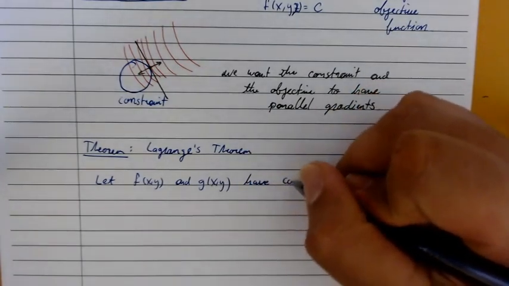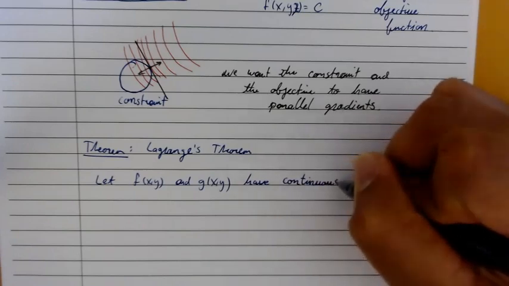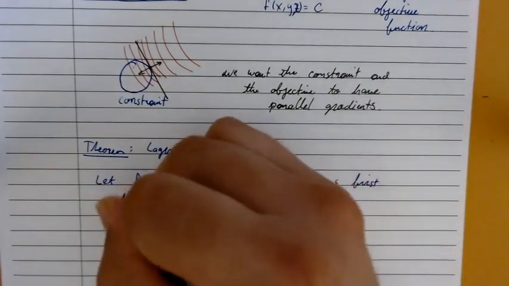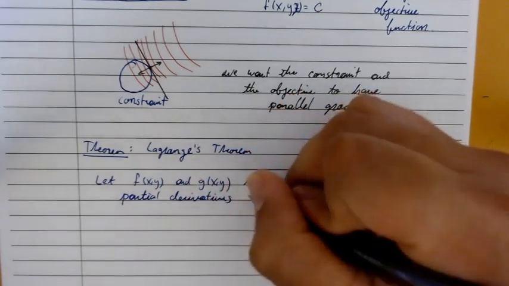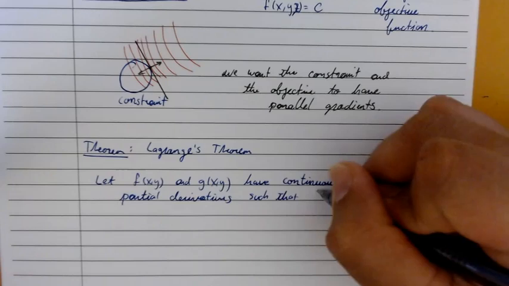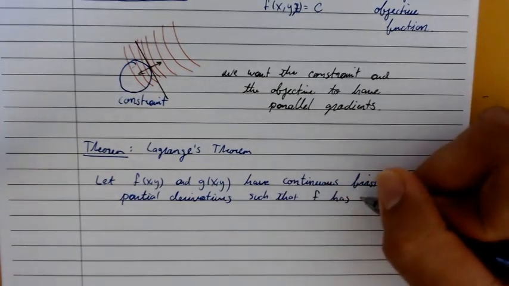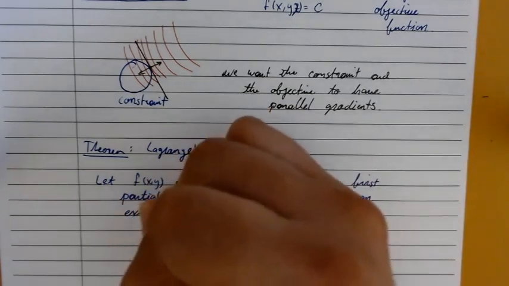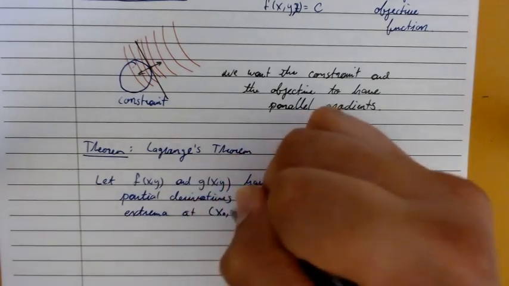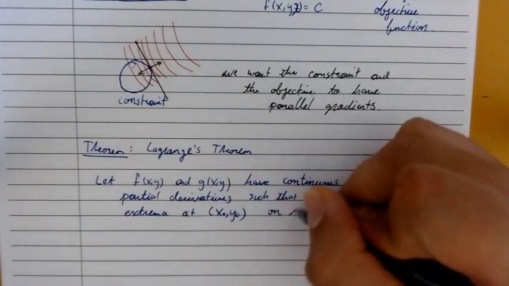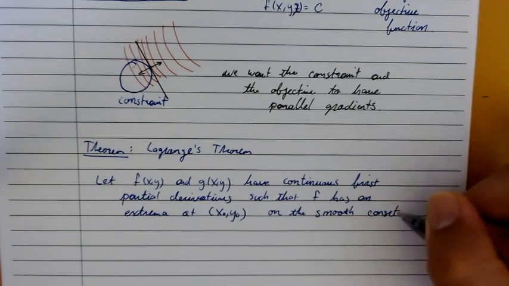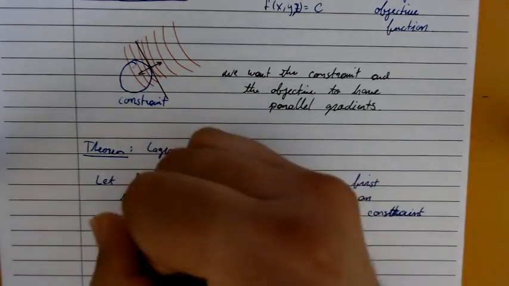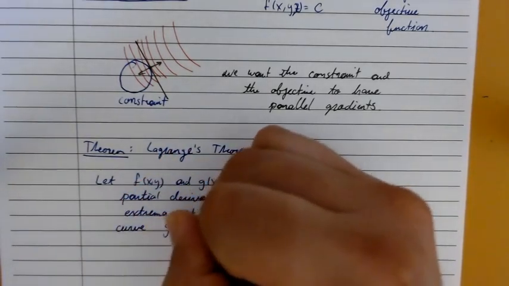They have continuous first partial derivatives such that f has an extrema at some point x naught comma y naught on the smooth constraint curve g of x comma y equals c.